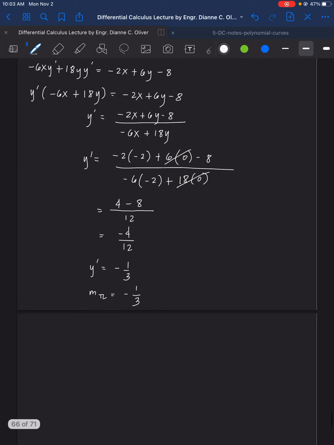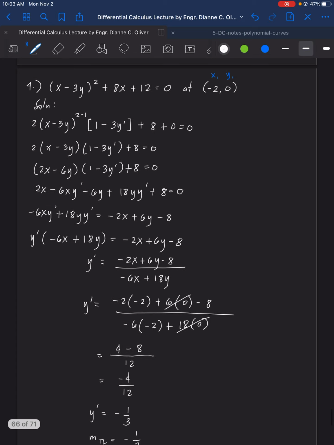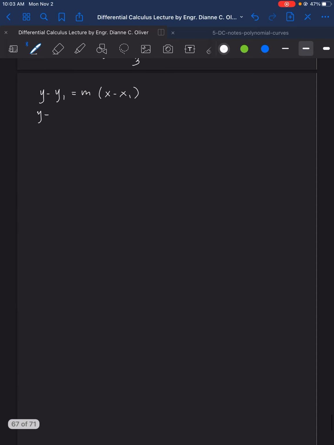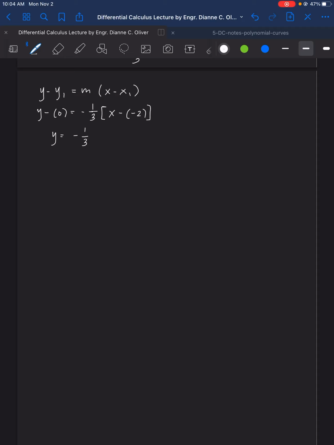Now, let's input that in the equation. y minus y1 equals m times x minus x1. And then our point there is negative 2, 0. So y minus 0 equals the slope, negative 1/3, times x minus negative 2. So y equals negative 1/3 times x plus 2.